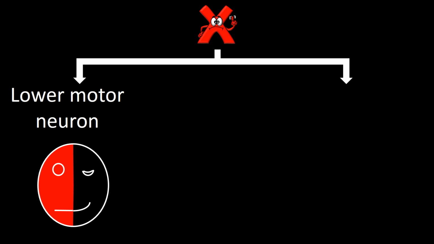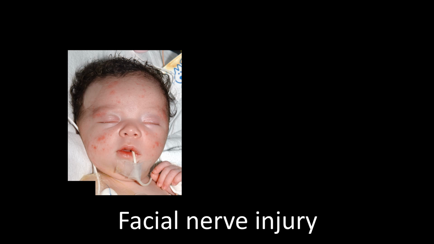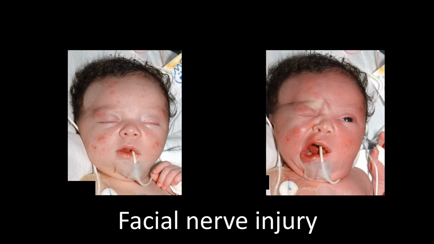I will show you two examples of nerve injury. Look at this newborn, all looks fine. Now, when he cries, you can see the asymmetry involving the upper and lower face. The right side is normal, the left is abnormal.